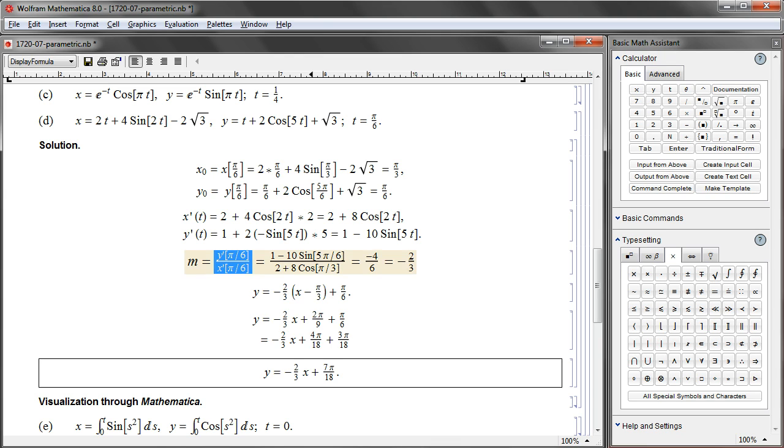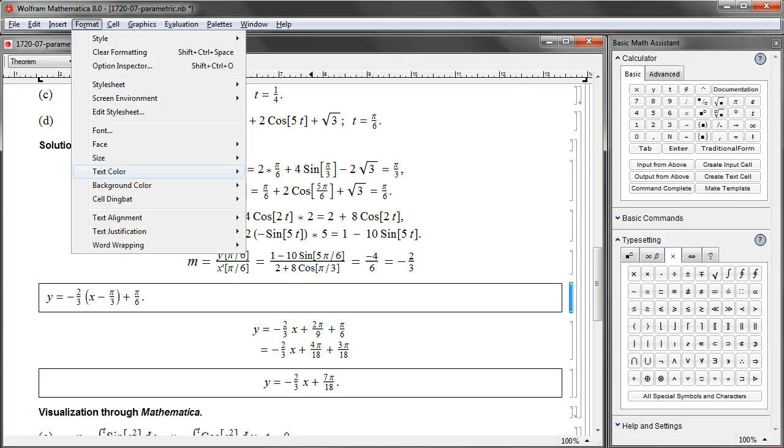Do the computation, you get negative 2/3. That's the slope, and you found the point already. So plugging everything into the slope point equation, we have an answer. y equals negative 2/3 times parenthesis x minus x naught, which is pi over 3, plus y naught, which is pi over 6. And this is sufficient for the final answer as far as I'm concerned.